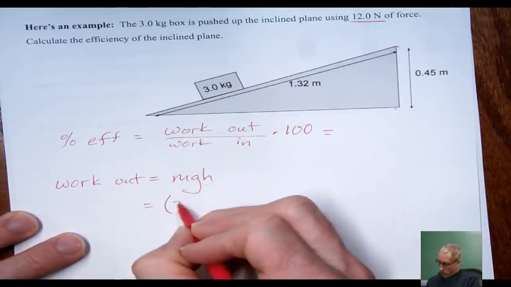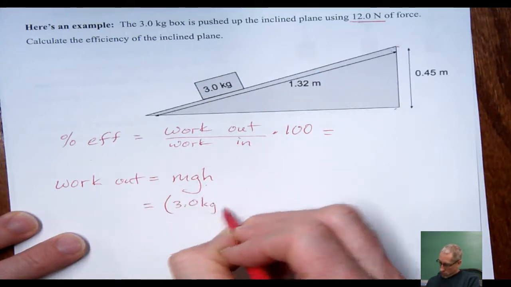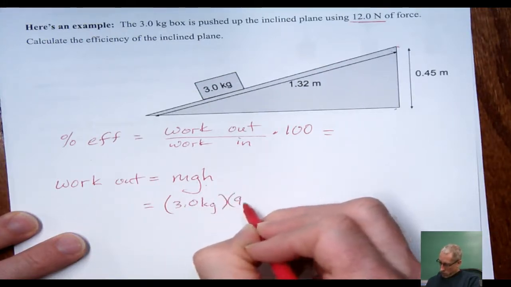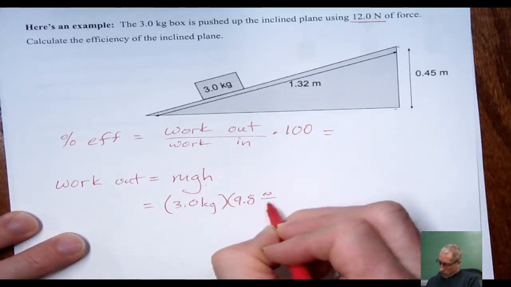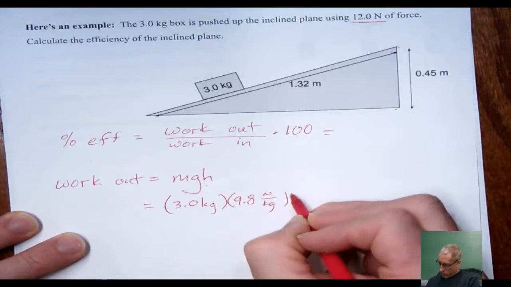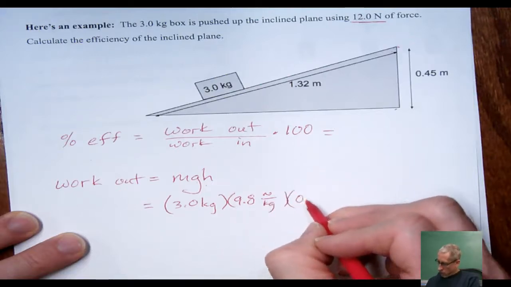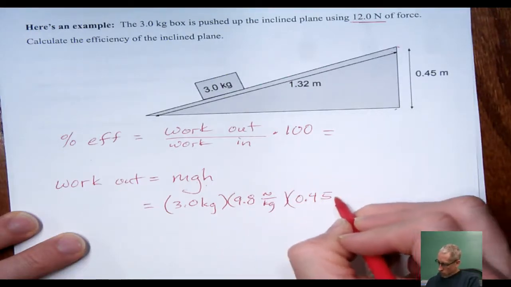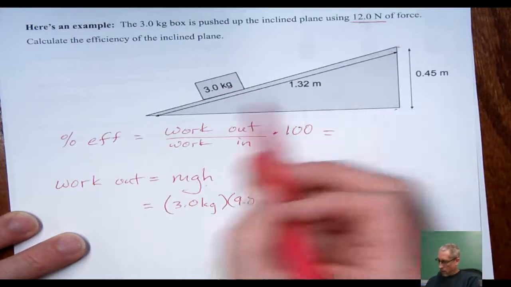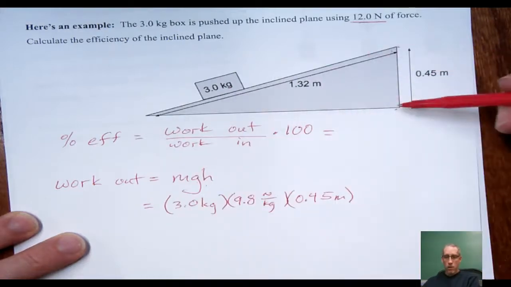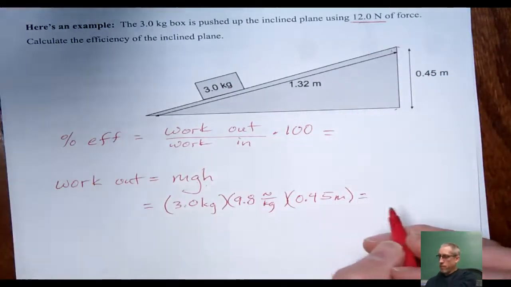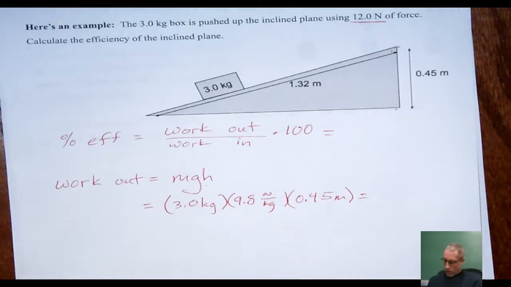So the mass is 3 kilograms. G on the surface of the Earth is 9.8 newtons per kilogram. And the height that we're going to give it, now be careful, make sure you're using the height number, not the distance along the ramp. Height is clearly a vertical measurement. And so we're going to multiply those together.